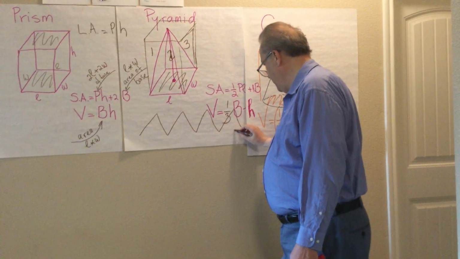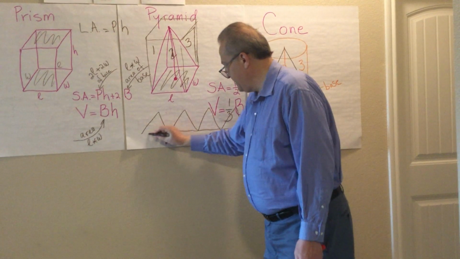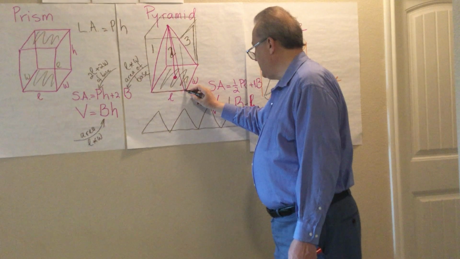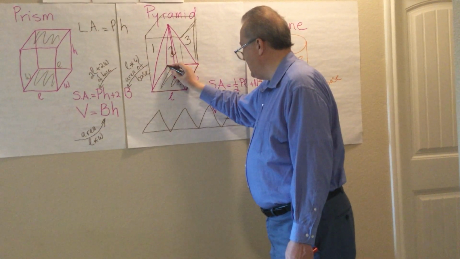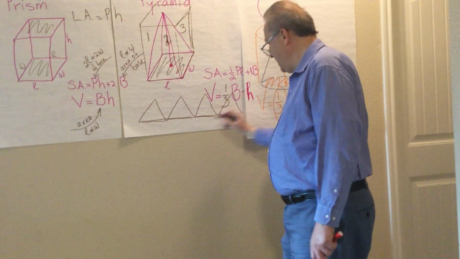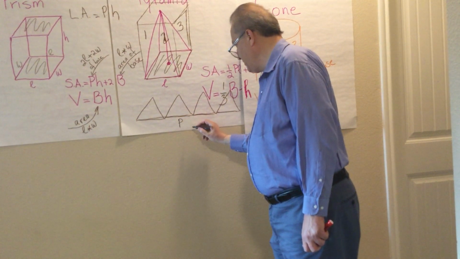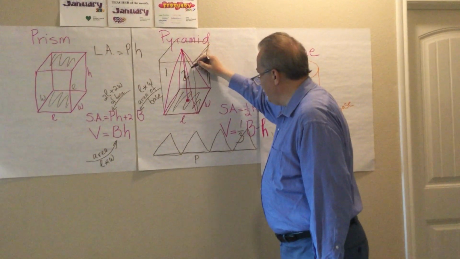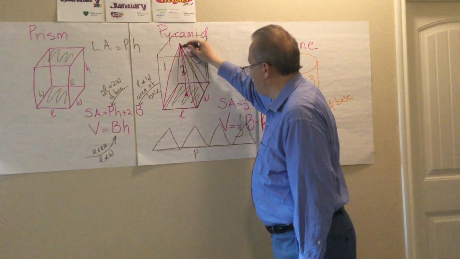Four of them. What is this here? Isn't this side plus this side plus this side plus this side, this side, this side, this side, this side? Isn't that the perimeter? Times the height, but this time is this height here.